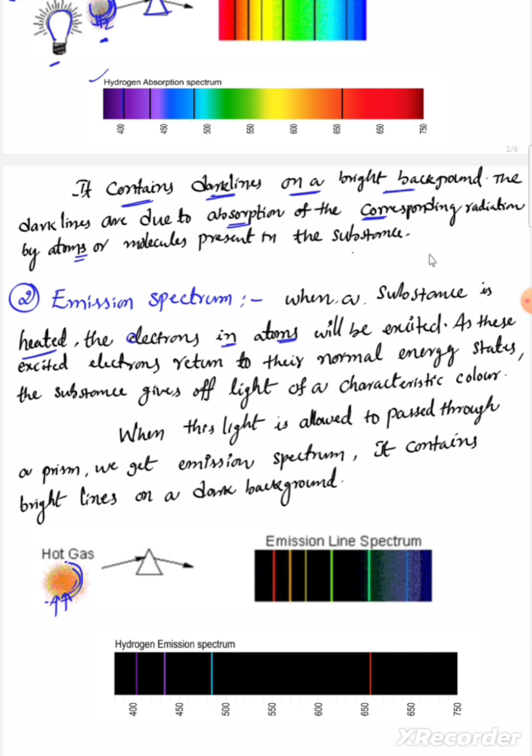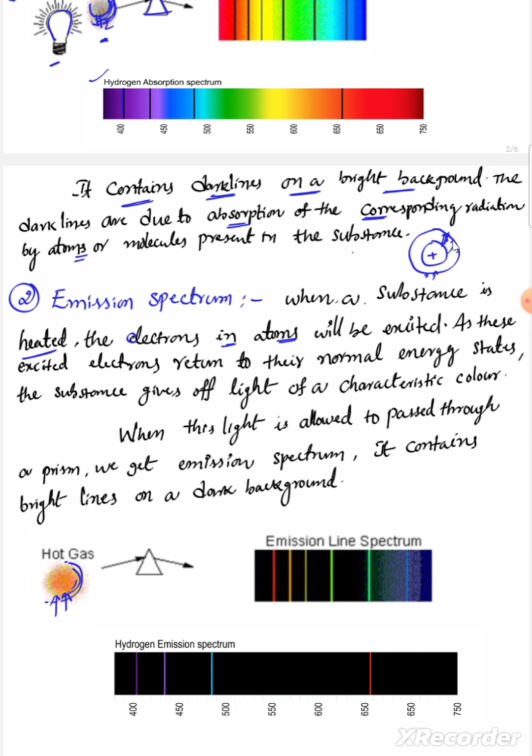Suppose electrons are revolving around the nucleus. When we give energy and the substance is heated, the ground state electrons go to an excited state. Lower energy shell electrons go to a higher level.